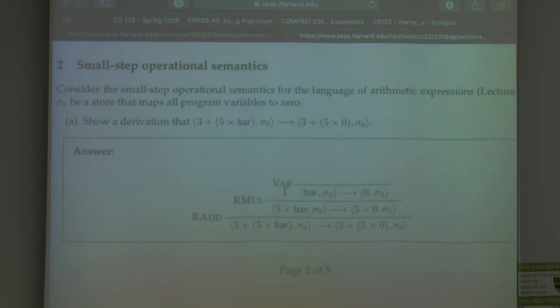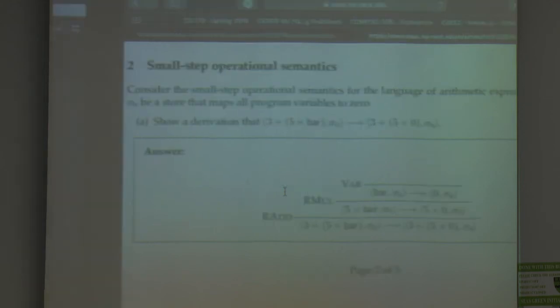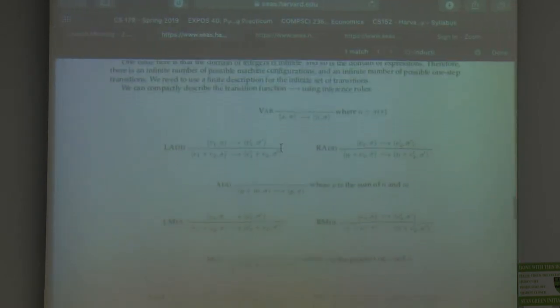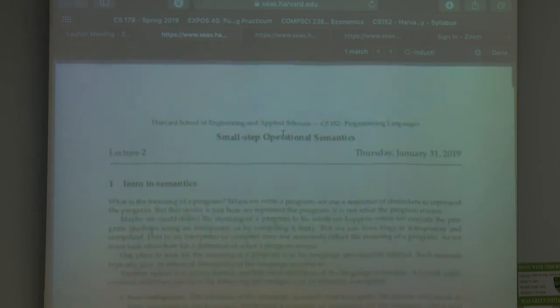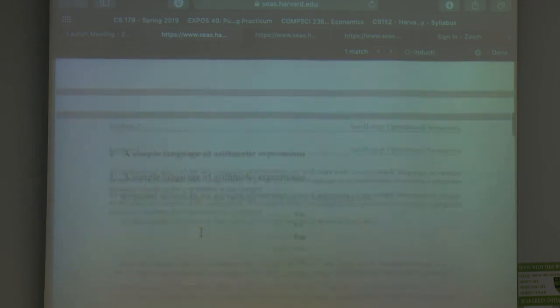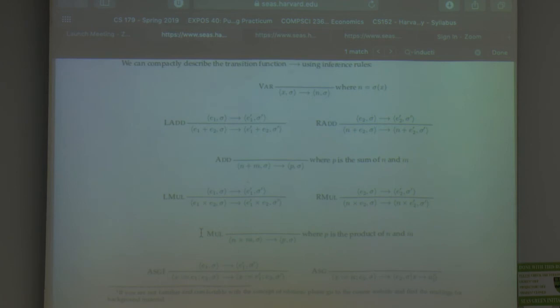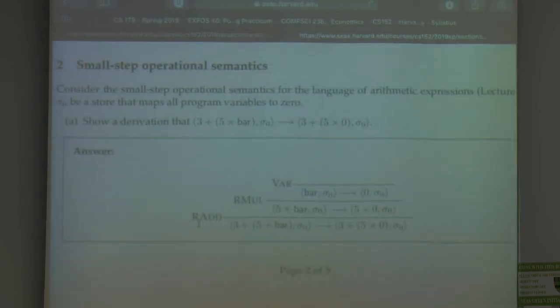And these rules are in the lecture notes. You will be asked to do the same thing for the p-sets. If you want to see what rules are available to you, these are the exact same rules on, I believe, lecture 2. Yeah, these are the exact same rules that we're using to do this.